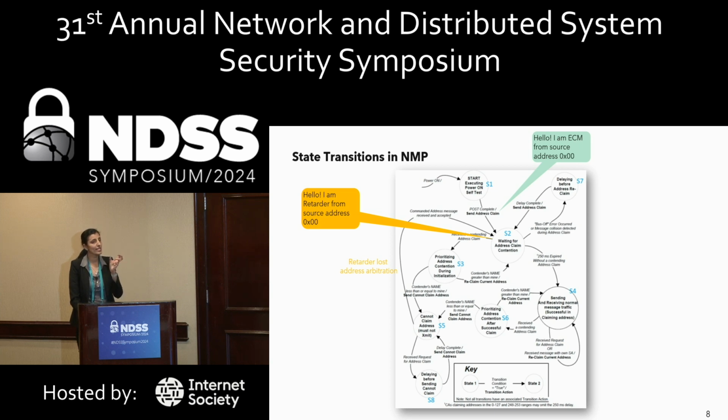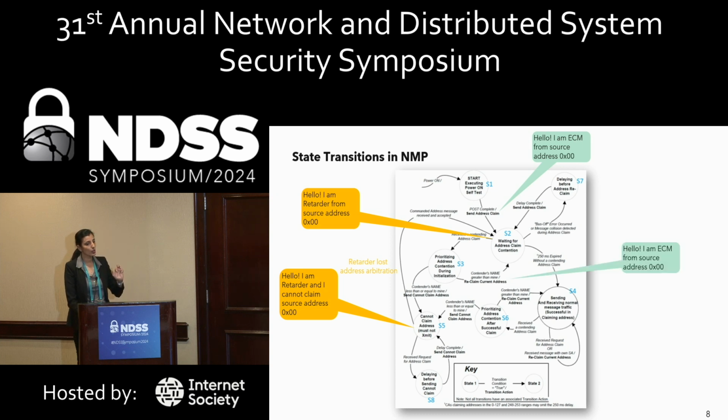The lower the numerical value of the name, the higher the priority. If a controller application is not able to win the arbitration, it should indicate its inability to claim the address by sending a cannot claim address message.